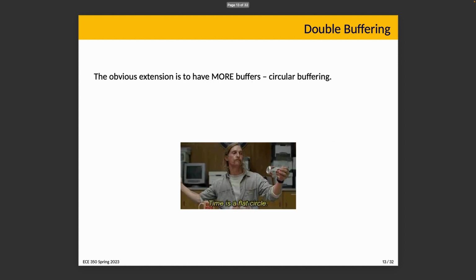The obvious extension of this is more buffers, so if you need more than two, then we talk about circular buffering. Each individual buffer is one of many in the big ring of circular buffers, and that is fine, right? That's not too exciting, and I think we can work out just based on what we've seen so far how it's supposed to work. So I don't think we need to spend a lot of time belaboring that particular point.